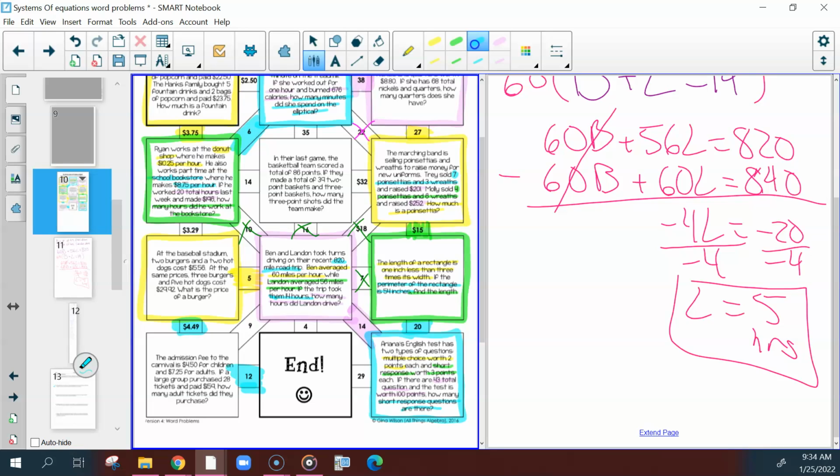Did we not do the one in the corner about nickels and quarters, the one in the middle, basketball teams, baseball stadium, and then the admission fee. So you're going to do those 4. If you finish those 4, you can move on to your Delta Math and Khan Academy, but work through these 4 first. Let me know if you have any questions on any of those.